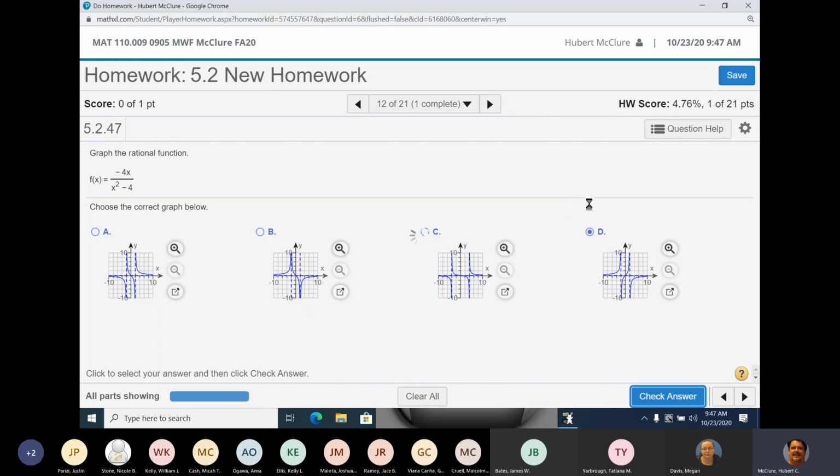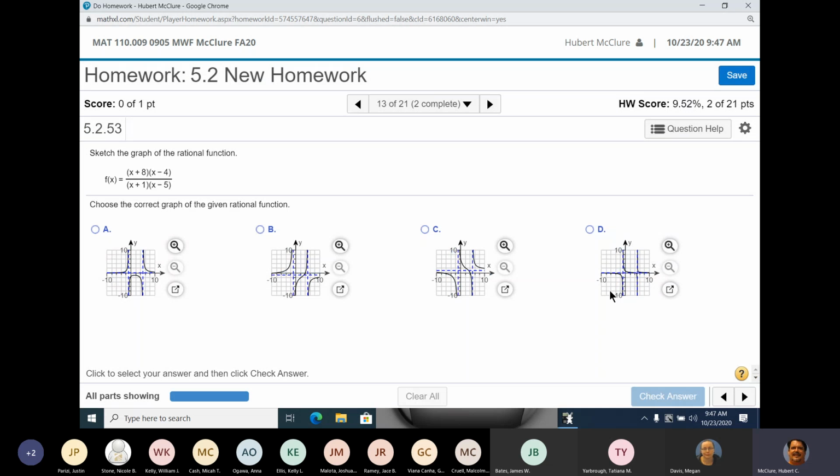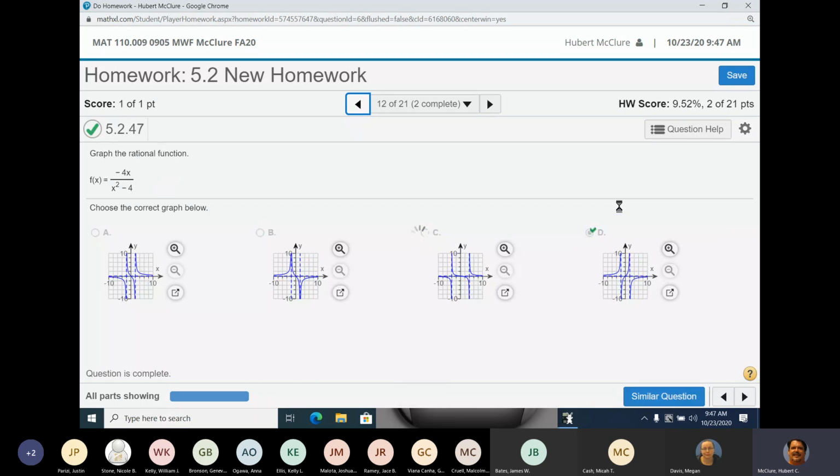Now, of course, your domain and range is going to be kind of weird. Usually on one like this, they're not going to ask you the domain and range, because it is a little bit quirky. Domain would be negative infinity to -2, -2 to +2, and then +2 to infinity, all with parentheses and U's in the middle for union because there's no overlap.